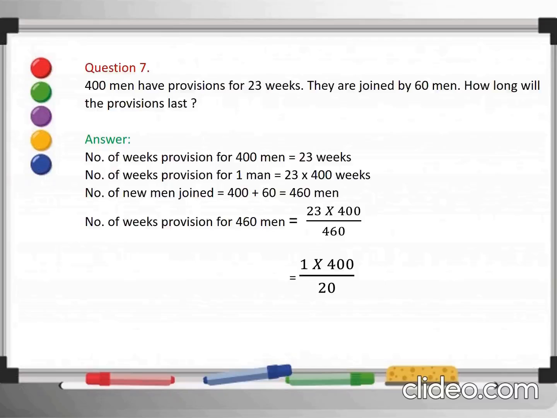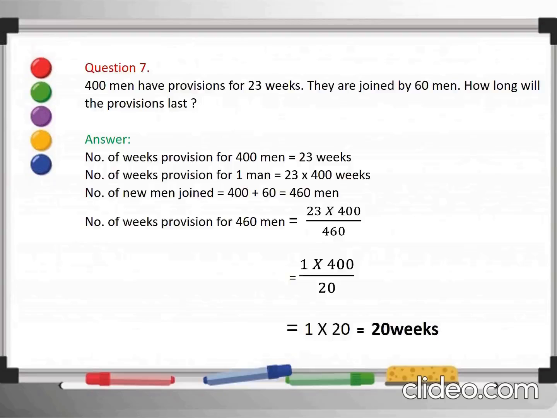That is 20 ones are 20, 20 20s are 400, which equals 1 into 20 equals 20 weeks. Therefore, number of weeks provision for 460 men equals 20 weeks.